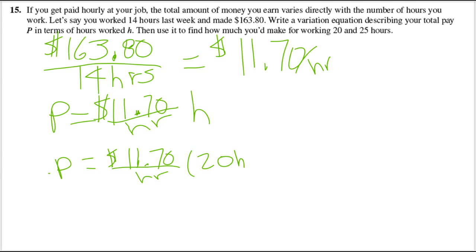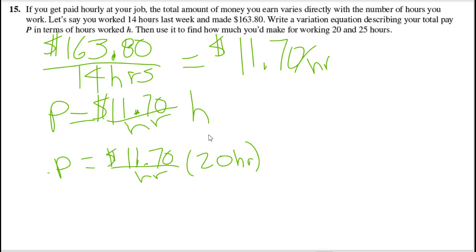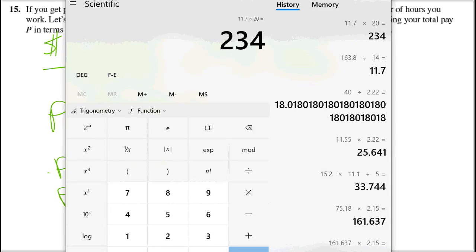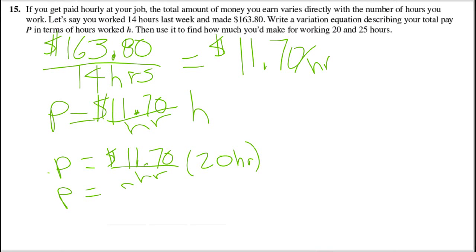When we show our work, we rewrite the equation, and then just write our answer. P equals 234. So our pay equals $234.